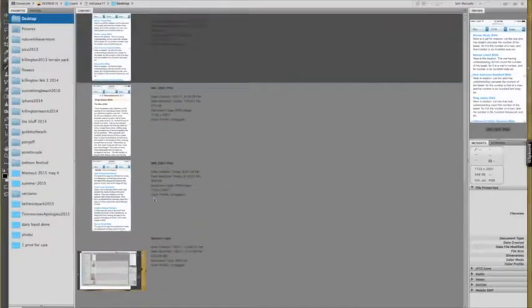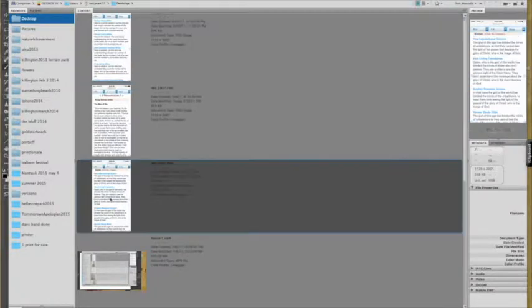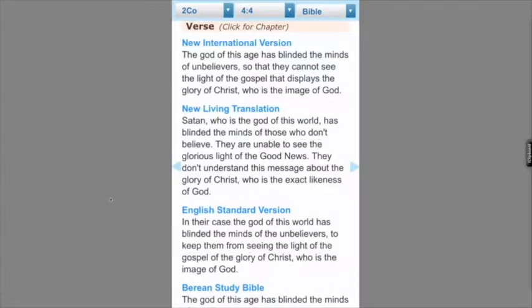Let's see if I can find that right now. There we go. 2 Corinthians 4:4. Satan, who is the god of this world, has blinded the minds of those who don't believe. They are unable to see the glorious light of the good news. They don't understand this message about the glory of Christ, who is the exact likeness of God.